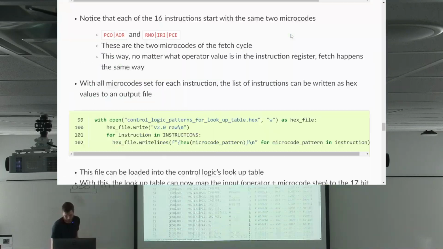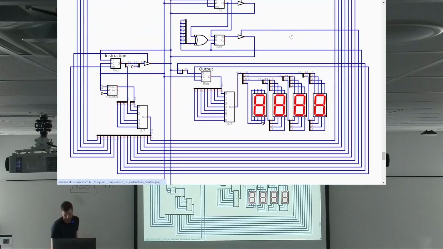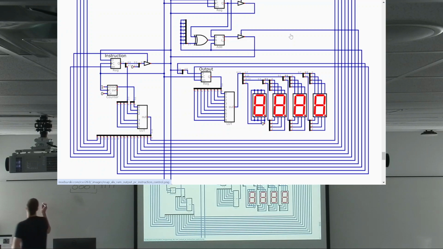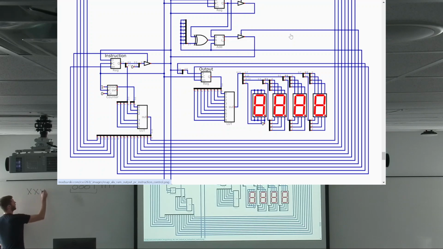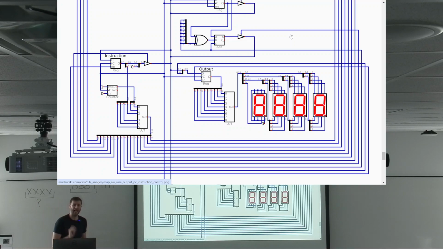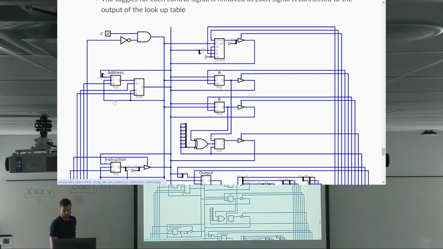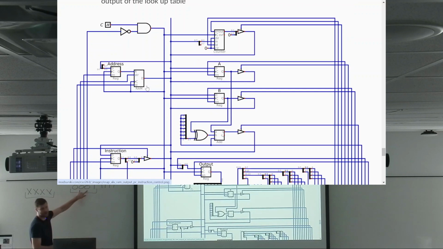Do I have a picture of the whole system? Spoiler, it goes down there. Okay, there is an instruction. I turn on the system, there's an instruction in here. I don't know what it is. The problem is, I need to get the instruction from RAM. I need to get this instruction from RAM.